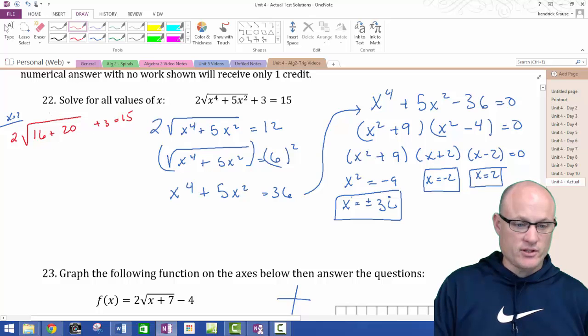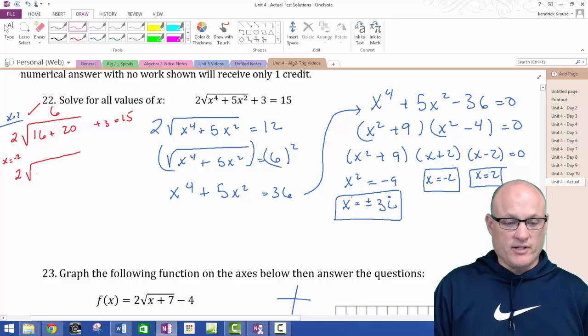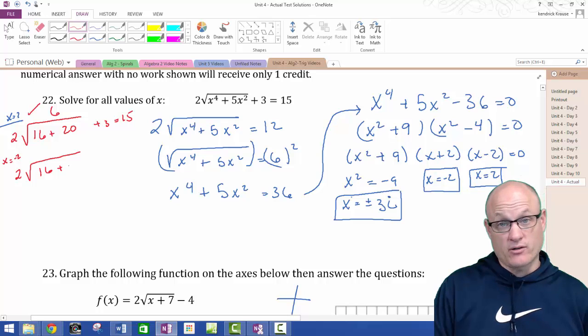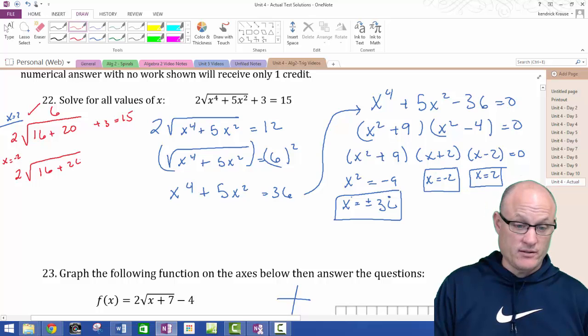The square root of 36 is 6. 2 times 6 is 12. 12 plus 3 is 15. So that works. Now I'm going to try x equals negative 2. Let's see. Negative 2 to the fourth is still 16. Plus negative 2 squared is 4. 4 times 5 is 20. Plus 3 equals 15. So negative 2 works.